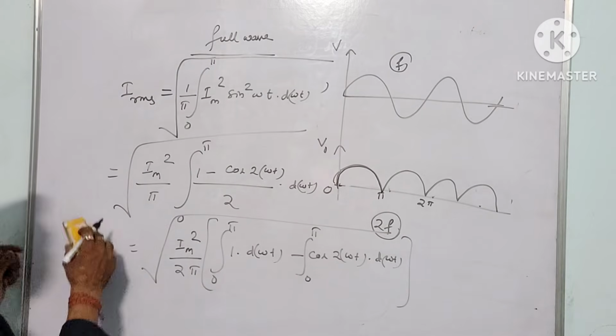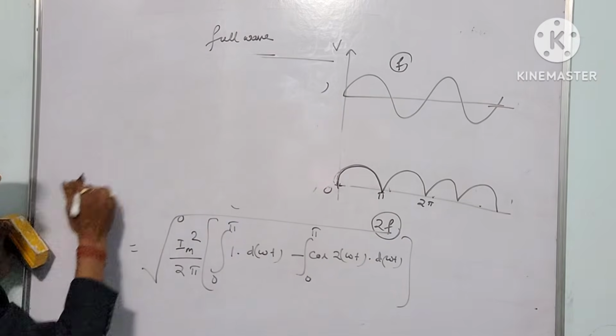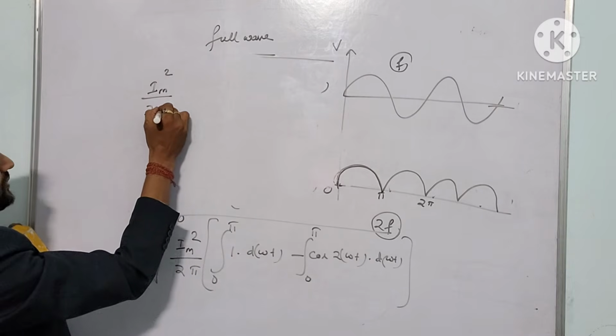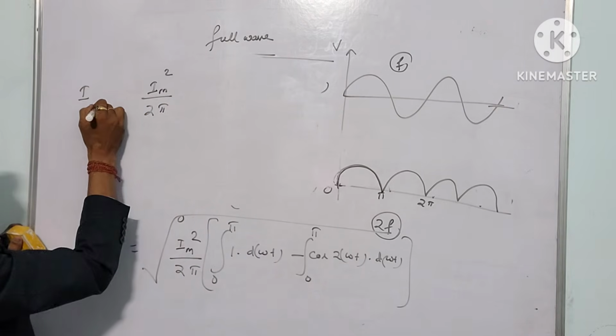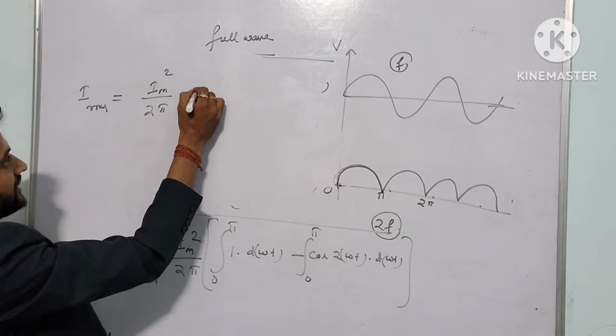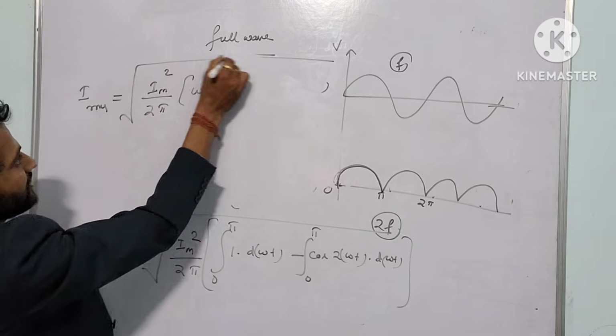It is clear? So finally what we will get here is Im square by 2 pi, the integration of d omega t is omega t, so the limit is from 0 to pi, under root.